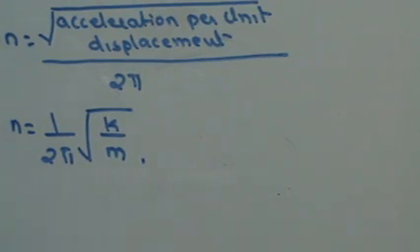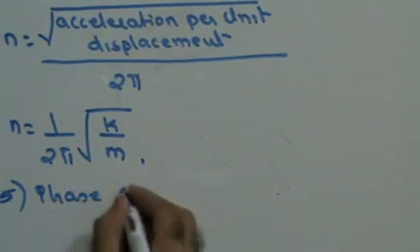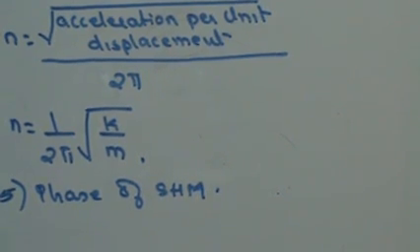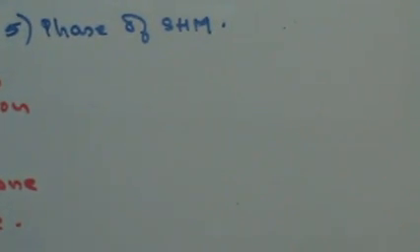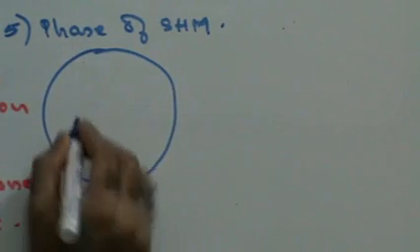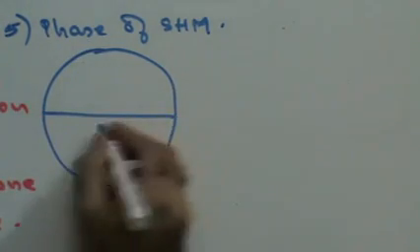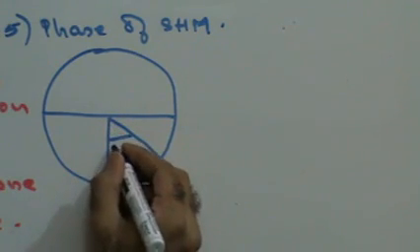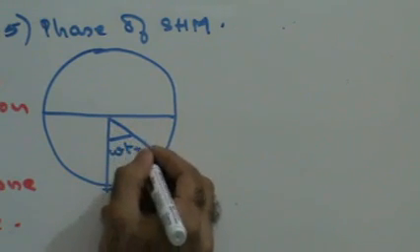Finally, let's move on to what is phase. What do we understand by phase of SHM? Now, how do I define phase? It is a quantity which completely describes the state of oscillation of a particle in SHM. At what angular position it is. Remember, I had told you that SHM is nothing but the projection of UCM on a diameter. Now, if a particle has moved through an angle, say this is omega t plus alpha, right?